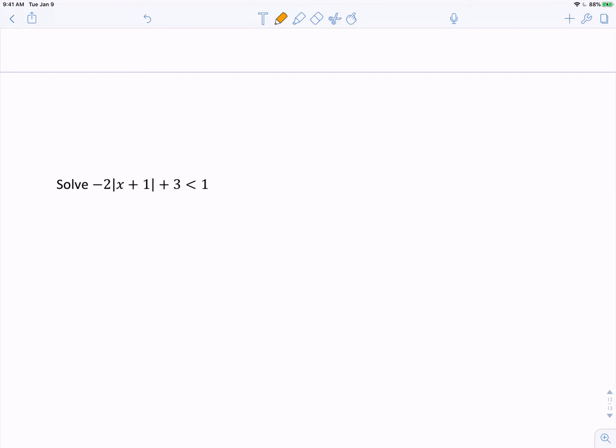One last example. Here we want to get the absolute value sign by itself. We will start by subtracting 3 from both sides. And now we have to divide both sides by negative 2. And this is a moment to review something really important from algebra.